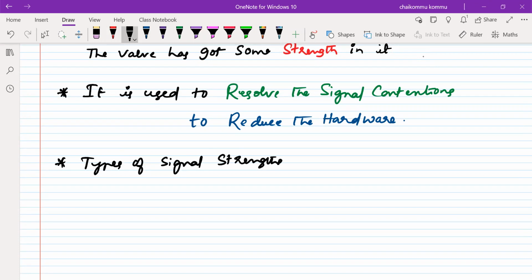Before going to the types, I will write the available signal strengths.